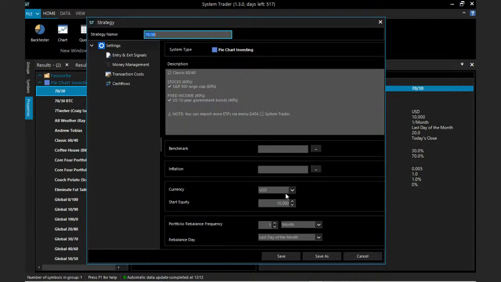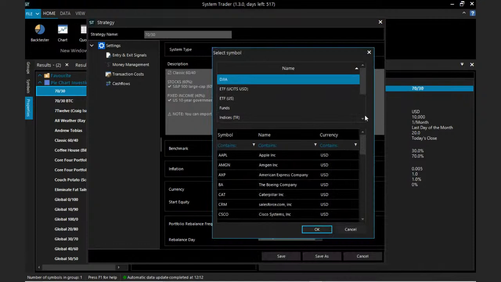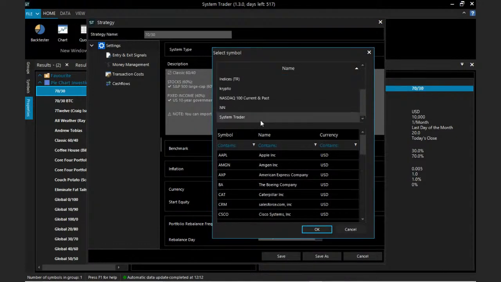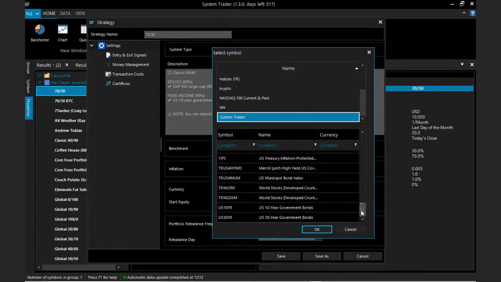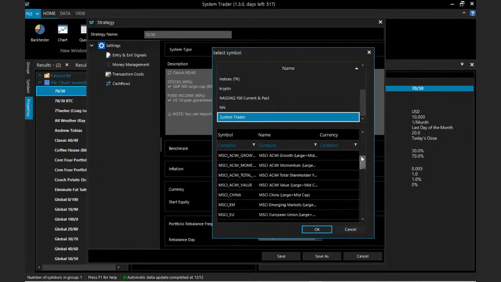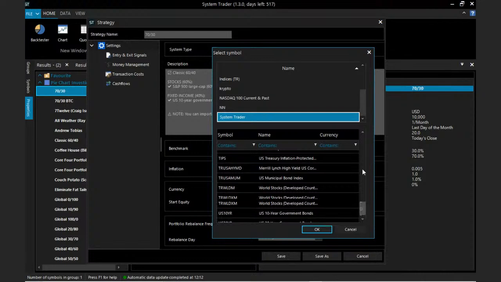So, for example, if you go to select symbol, and then if you go to the system trader group, so-called, it's like a folder, you will find built-in data here. And most of the tickers here are going back for decades back in history, and it's built in.